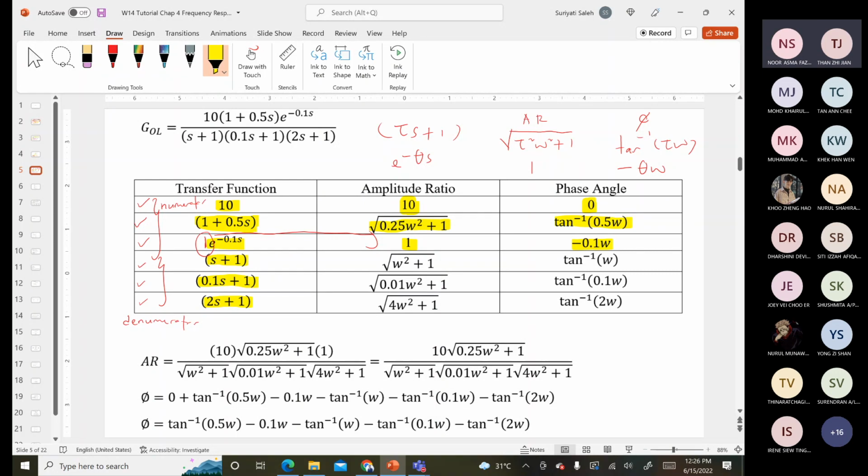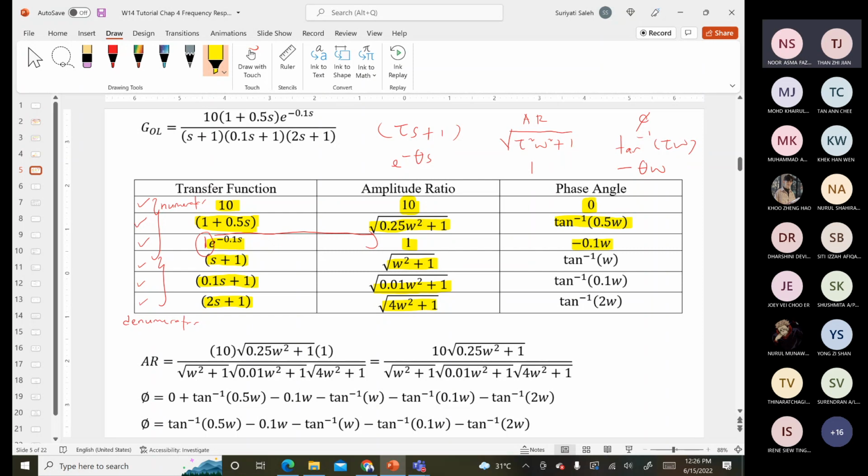If we use the standard form, S plus 1 becomes square root of W square plus 1. 0.1 S plus 1 becomes square root of 0.01 W square plus 1. And lastly, 2S plus 1 becomes square root of 4W square plus 1. So you can see the form is similar, only different depending on your time constant.